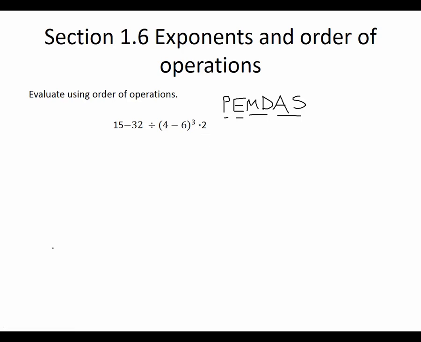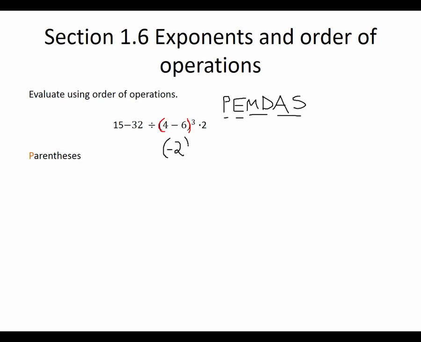So let's do our first step in PEMDAS, and that's the P for parentheses. Parentheses come first, and we can see there's just one set of parentheses, and they say 4 minus 6. Well, we can evaluate that. 4 minus 6 is negative 2. Now I'm done with the parentheses.